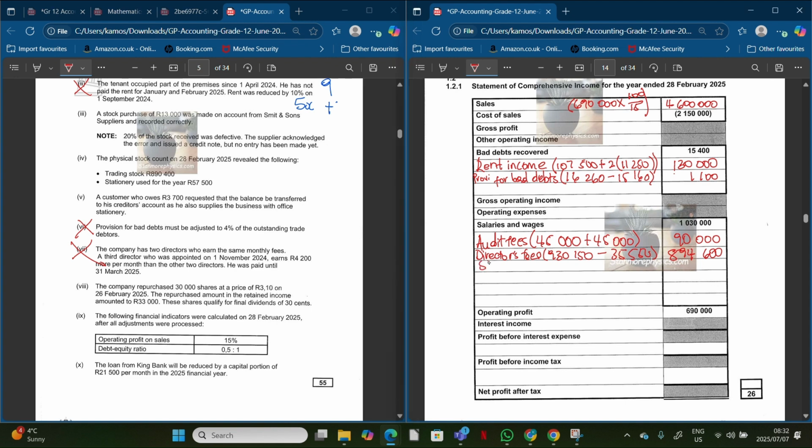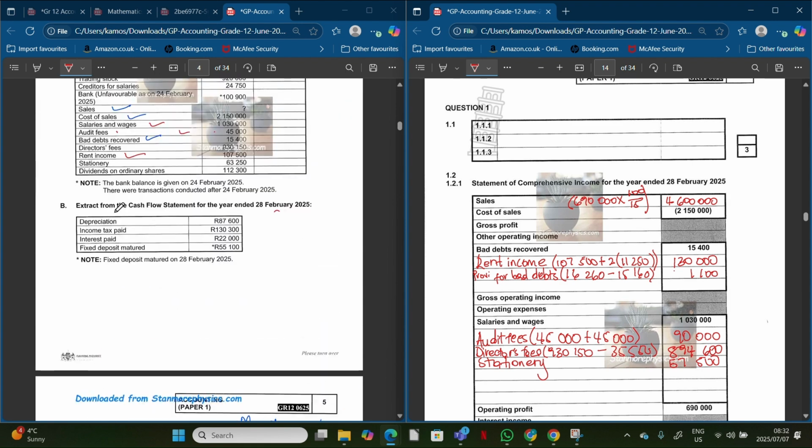So meaning that for our stationery, we put the one that we used, which is 57,500. So don't make that mistake of putting the other one. I also explained it in the video before this one. But what happens is that when you have bought your stationery, in our books we have 63,250.